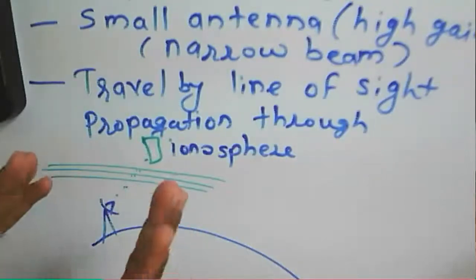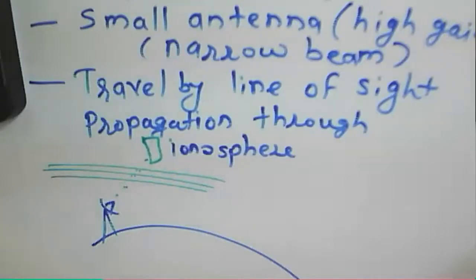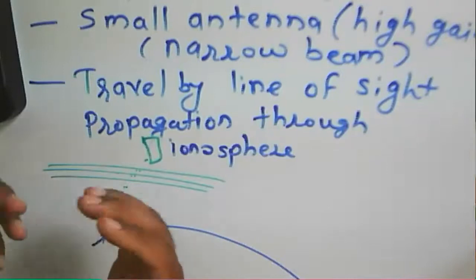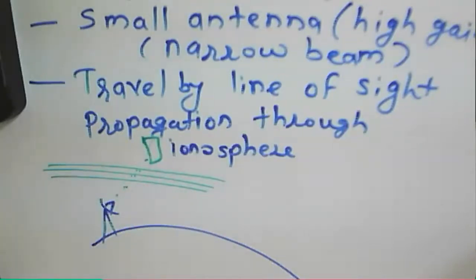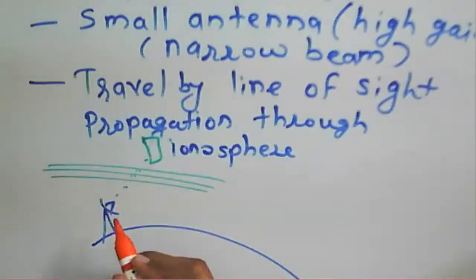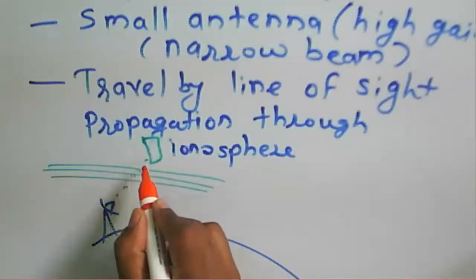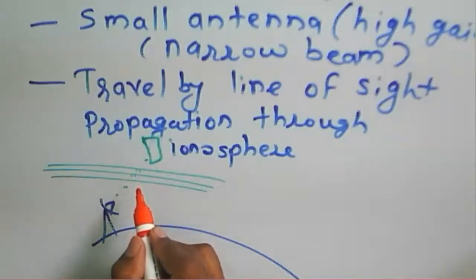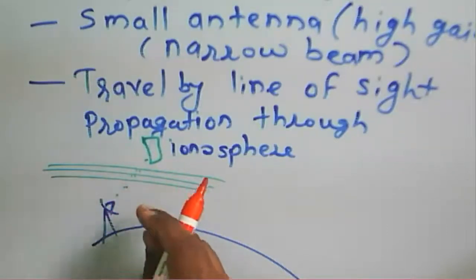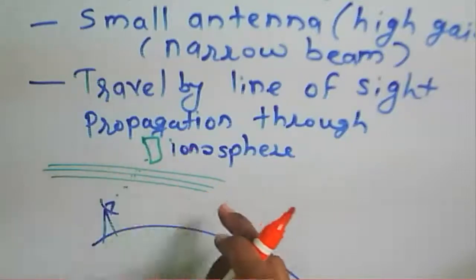If the frequency is not in the range of a gigahertz, the ionospheric layer will absorb the signal, or it will reflect it back toward space. But if your microwave frequencies are propagating, there is no reflection.